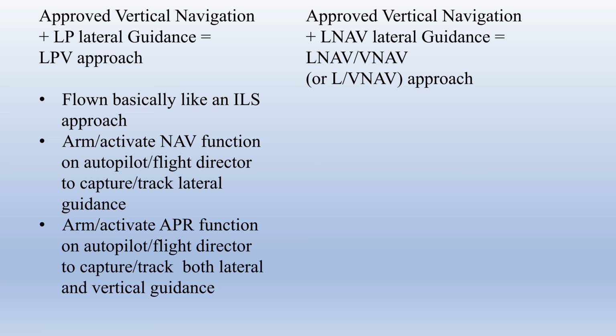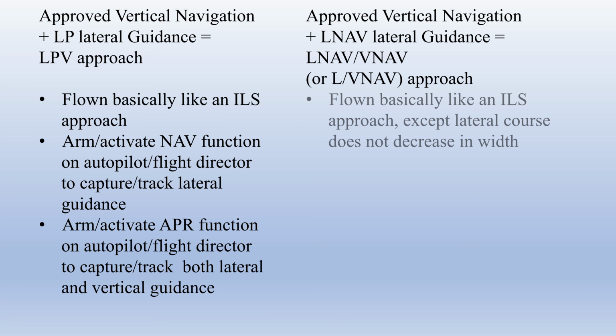When you combine approved vertical navigation with LNAV lateral guidance, you get an LNAV/VNAV approach, sometimes referred to as an L/VNAV approach. Like the LP+V approach, this is flown basically like an ILS approach in that you follow the lateral and vertical guidance from the GPS down to a decision altitude where you either proceed to a landing or execute the missed approach.